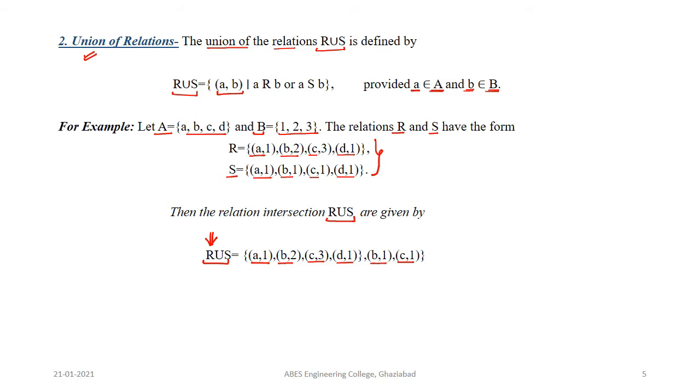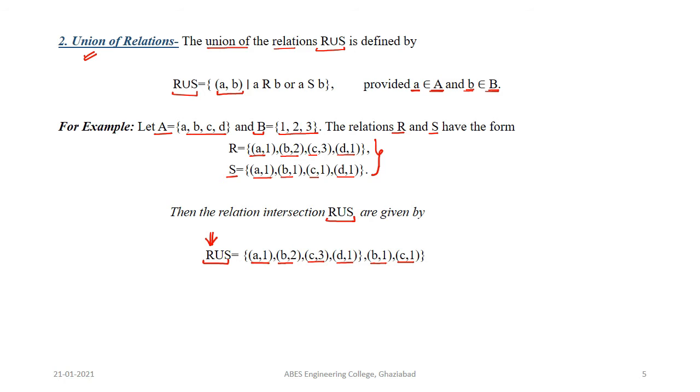For example, let A be the set having the elements a, b, c, d and B be another set having the elements 1, 2, 3, and R and S be two relations defined on the sets A and B. R has the ordered pairs (a,1), (b,2), (c,3) and (d,1), and the ordered pairs which belong to the relation S are (a,1), (b,1), (c,1), (d,1).